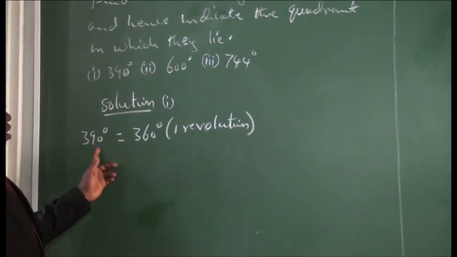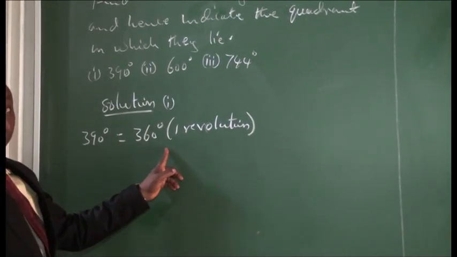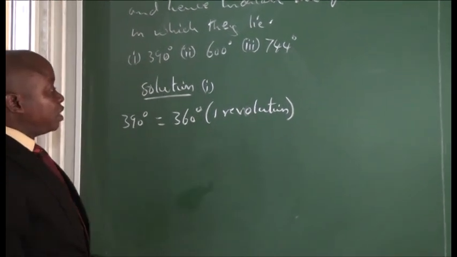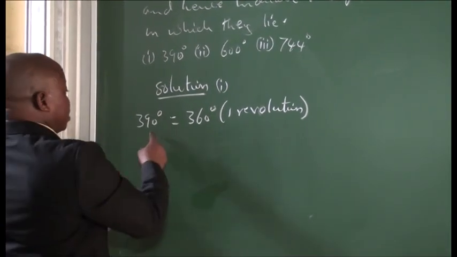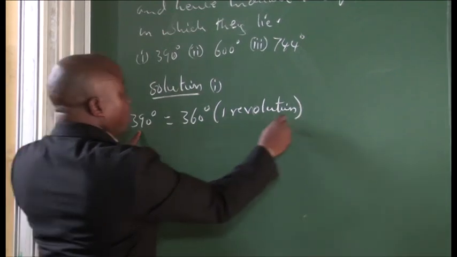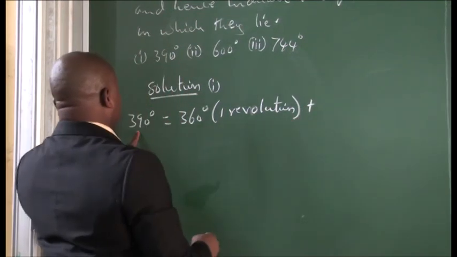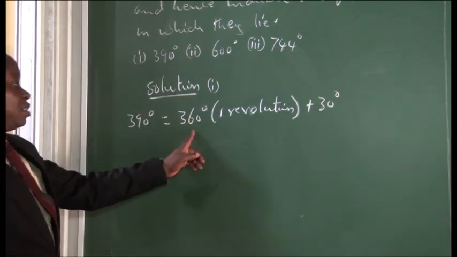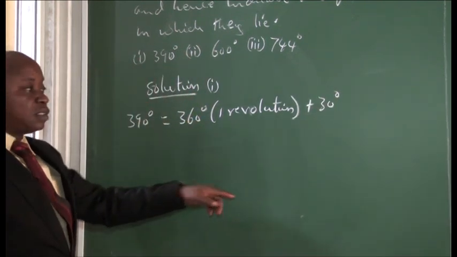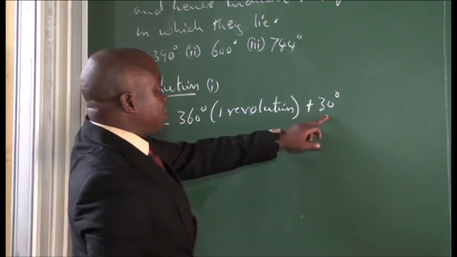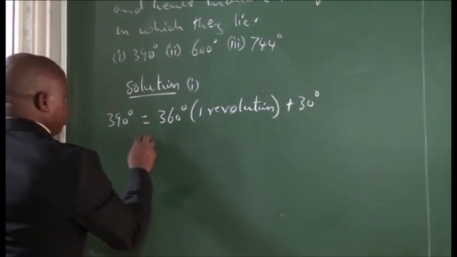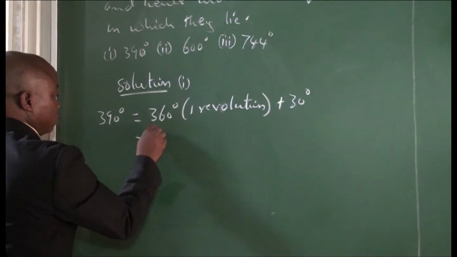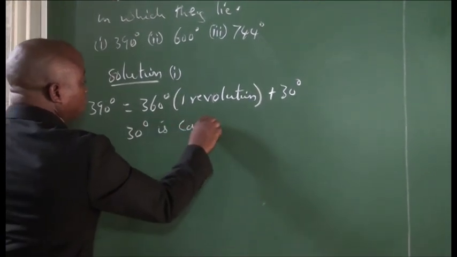360 degrees is one revolution. And then we know that 390 is one revolution plus 30 degrees. One revolution is 360, plus 30 degrees. So 30 degrees is called the basic angle.